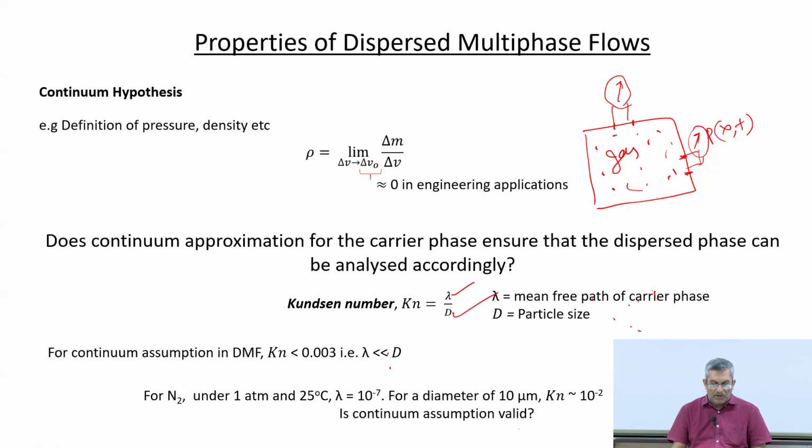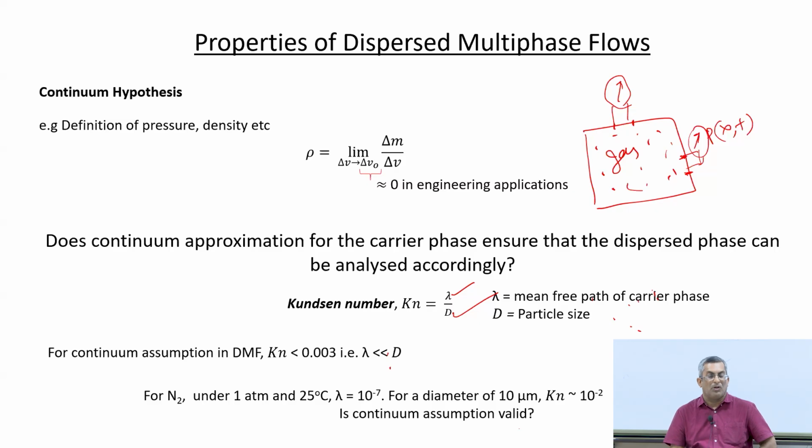Now let's say you have a solid particle, let's say a coal particle, which has a size of 10 micron. Then what is the Knudsen number? A 10 micron size is practically what we encounter in many applications. So the Knudsen number is 0.01, around that.